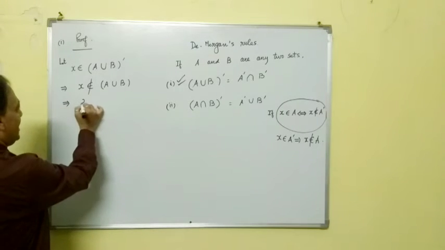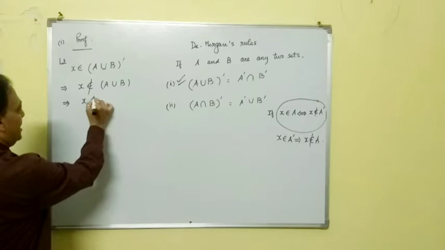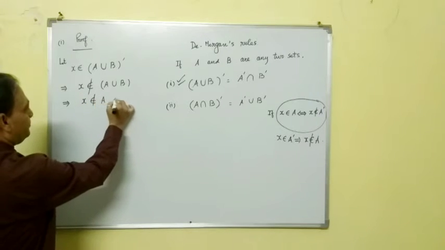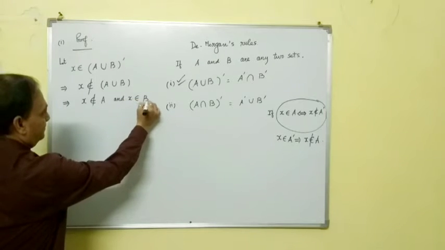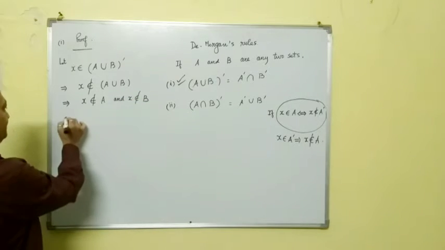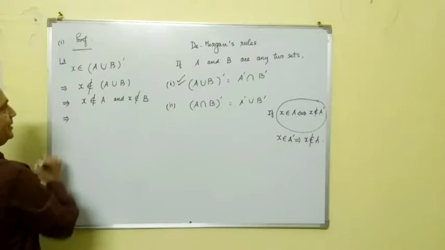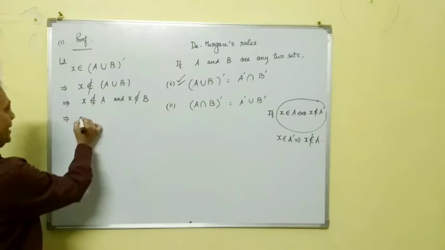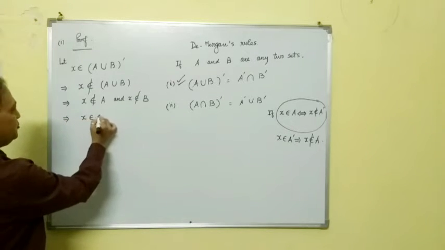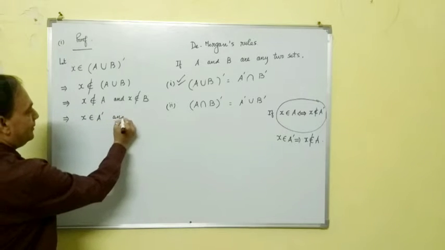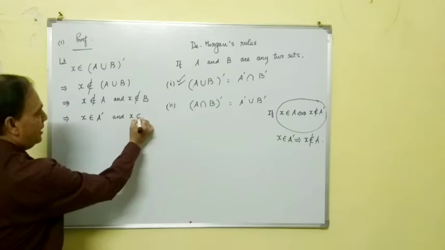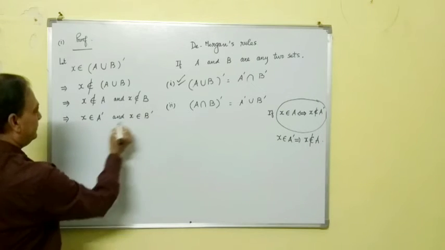This implies that x does not belong to A and x does not belong to B. This implies that x belongs to A complement and x belongs to B complement.